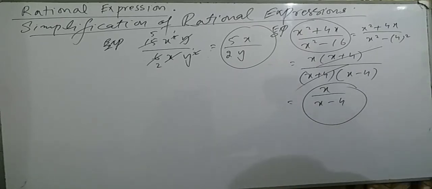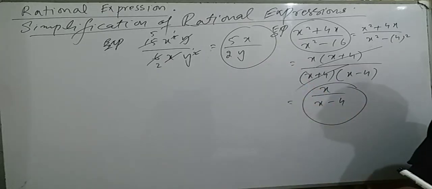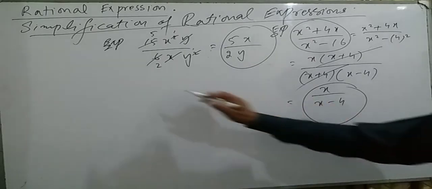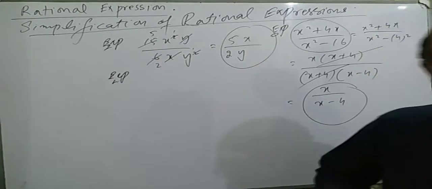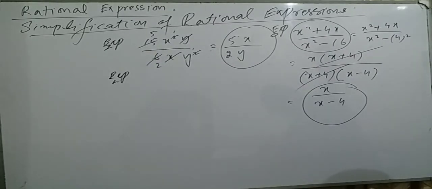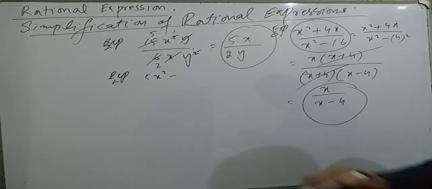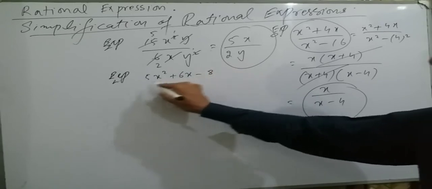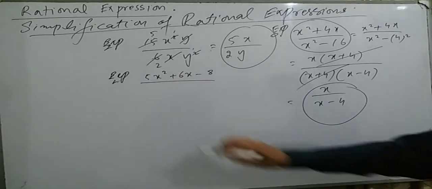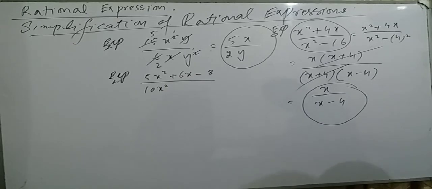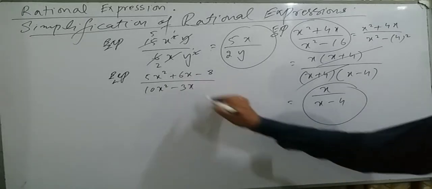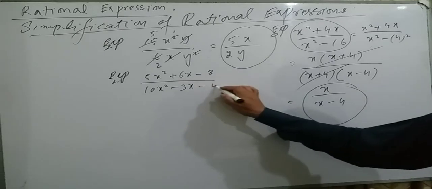Sometimes we need to do some simplification if the expressions are given, like let me take another example in which we have three terms in the numerator and denominator. Suppose we have 5x square plus 6x minus 8 divided by 10x square minus 3x minus 4.